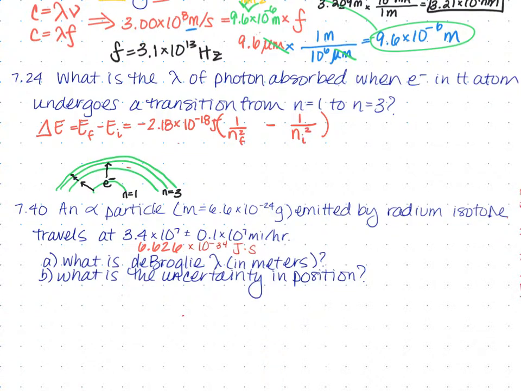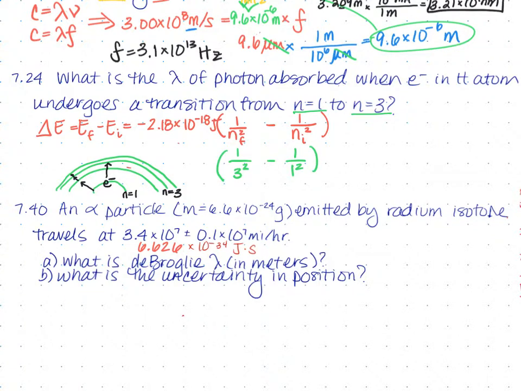Okay, so since this question says that the electron transitioned from n equals 1 to n equals 3, my final is going to be 3, and I'll square it. My initial is where it came from, so that's n equals 1 squared.